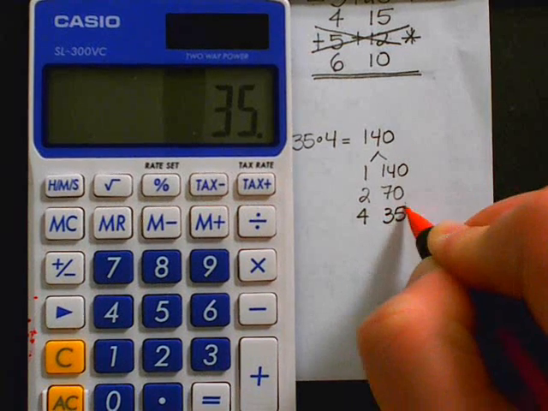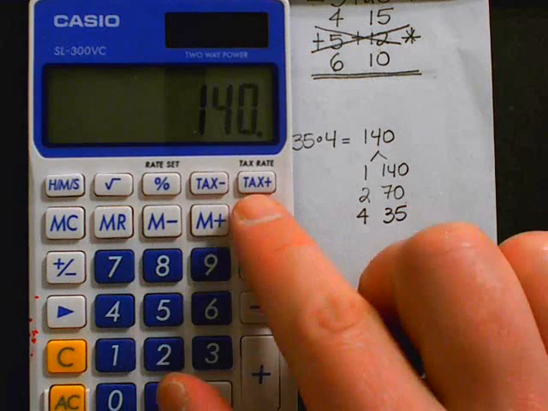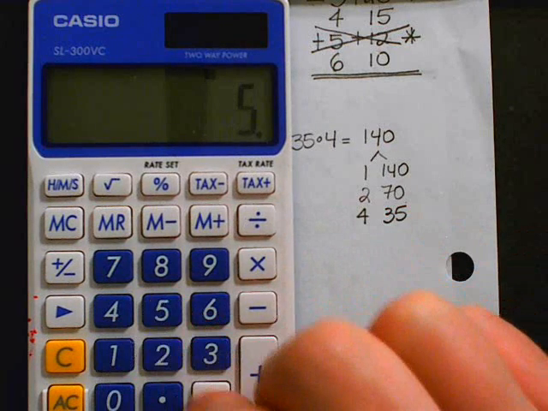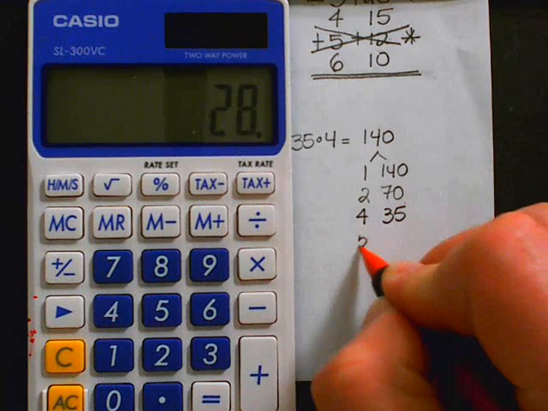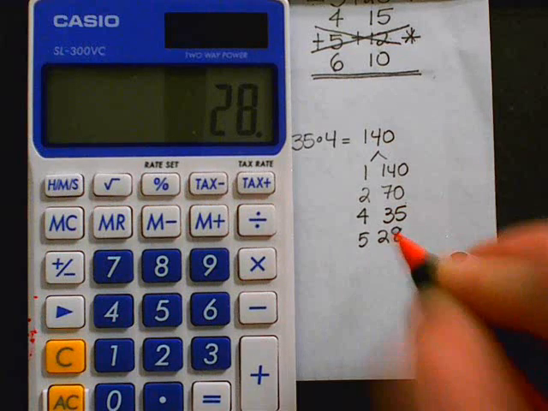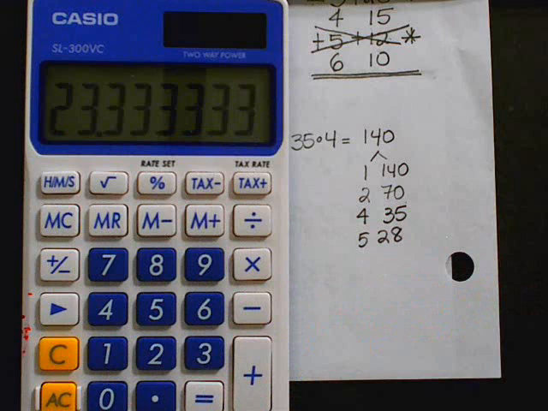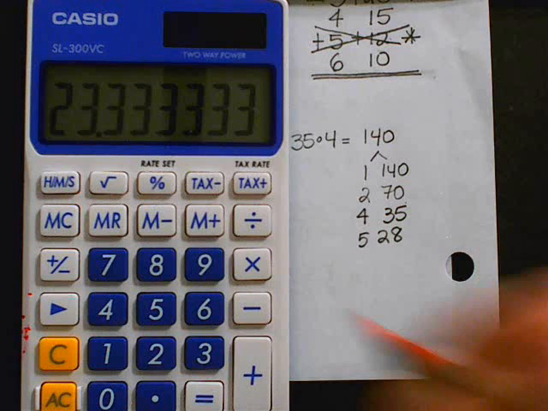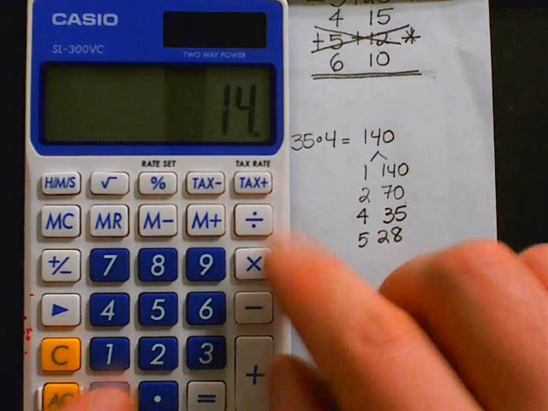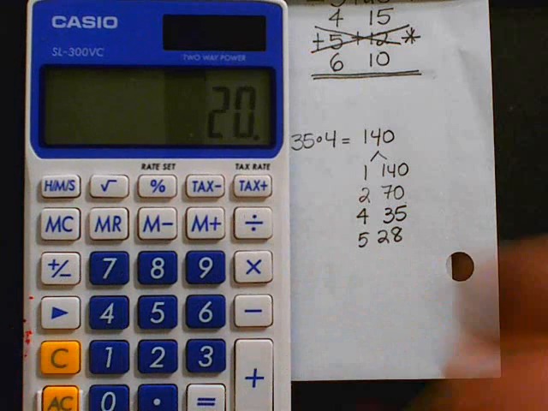140 divided by 5 is 28. That's a whole number, so it's part of my list. 140 divided by 6 gives me a decimal, so 6 is not part of my list. 140 divided by 7 is 20.